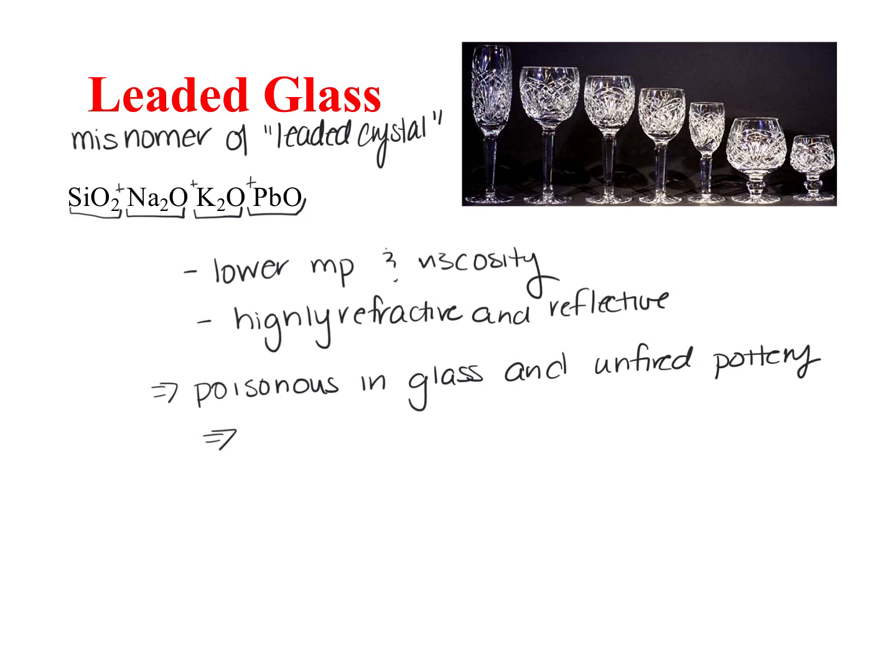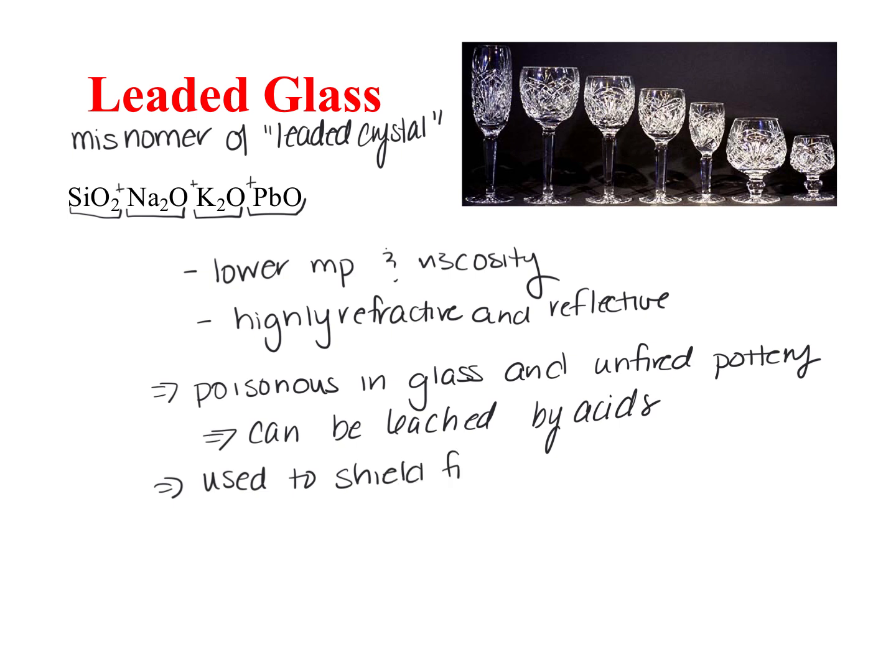Right? Particularly because it can be leached by acids. And there's a lot of things that are really acidic, including our water, which is slightly acidic. Now, leaded glass does have a really great application. It's used to shield from radiation.